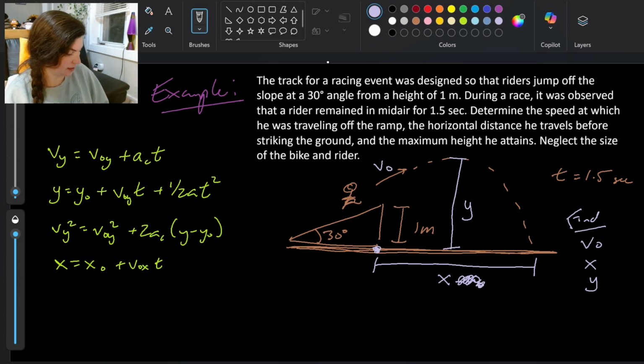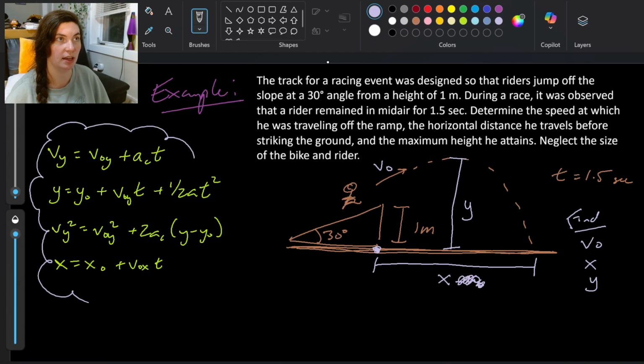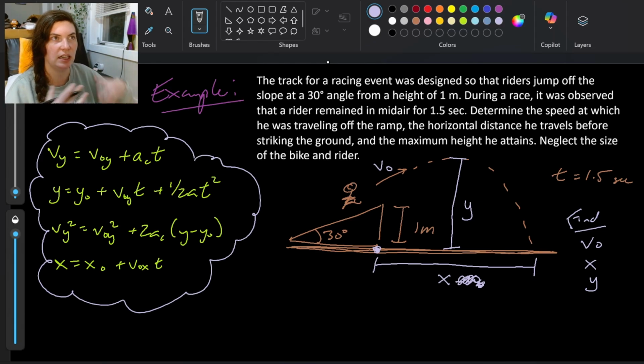One may be easier than another, but it really just depends on which one of these handy dandy projectile motion equations I have over here to the side you want to use. Usually you can find any of these in any order. Maybe you solve for a variable and then plug it into another equation. If you can figure out the best equation to use when, you can save yourself a little bit of calculations. But if not, you can always plug things into other things and solve in a longer way.